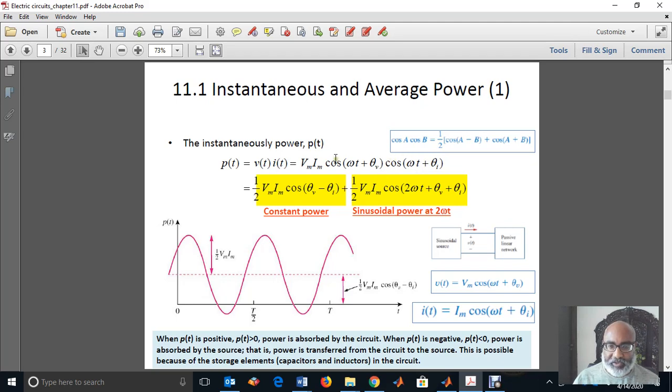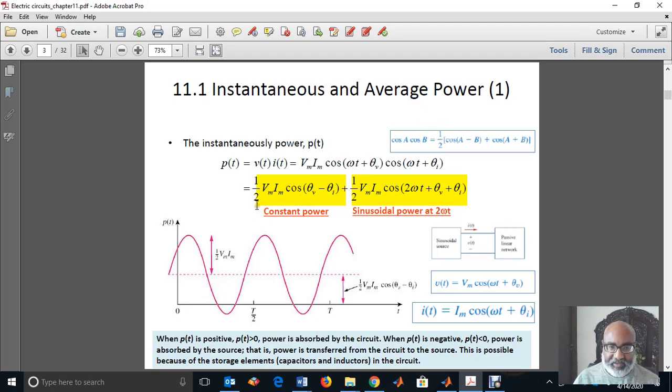Now, from trigonometric property, if I have cosine of A times cosine of B, this is equal to 1 over 2 cosine of A minus B plus cosine of A plus B. So let's say A is omega t plus theta v and the other angle B is omega t plus theta I. So A plus B will be this one, and A minus B will be, omega t cancels, theta v minus theta I. And there is 1 over 2 here.